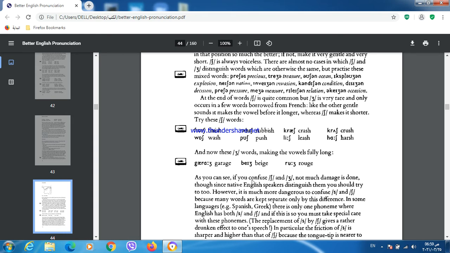As you see, if you confuse sh and j, not much damage is done. إذا يعني خليت ج بمكان الش أو الش بمكان الج ما راح يسبب لي ضرر كبير. ليش؟ لأن قلت ماكو كلمات متشابهة. Though since native speakers distinguish them, you should try to ولكن لأنه المتكلمين الإنجليزيين يعني أصحاب اللغة يميزون فأنت تحاول أنه تميز بين الصوتين.